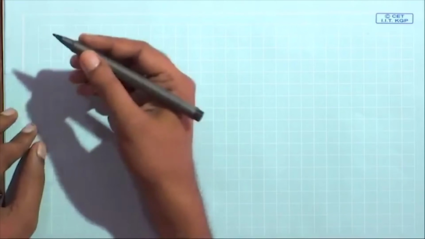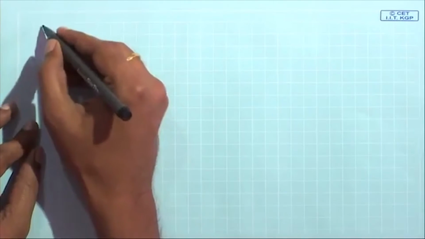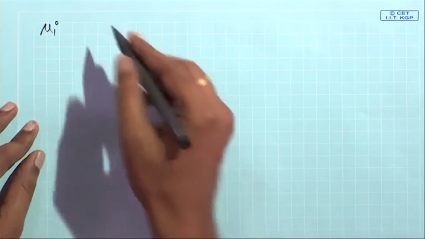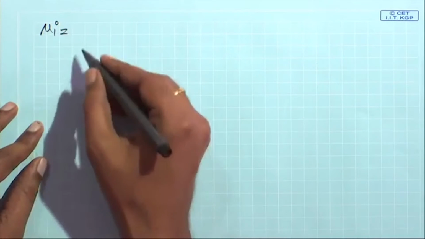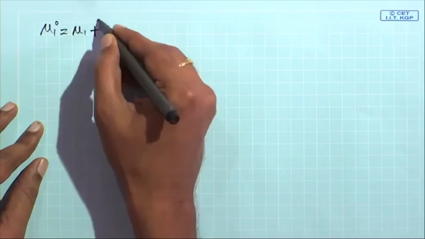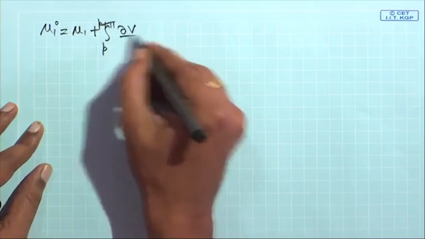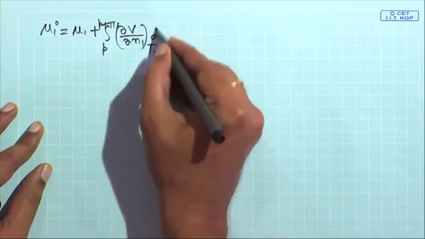Now, I am going to write this particular expression down again. So, mu 1 0 is equal to mu 1 plus the integral from P to P plus pi of del V del n 1 at T, n 2 constant, dP.